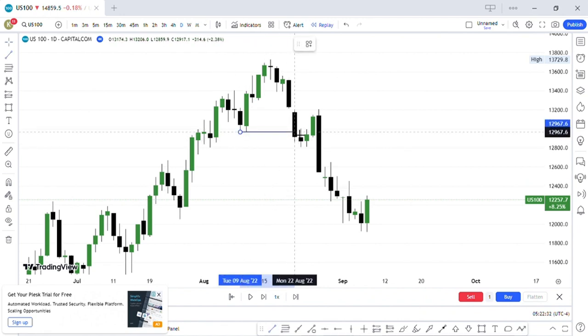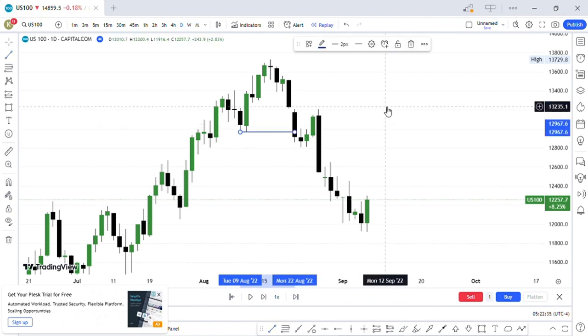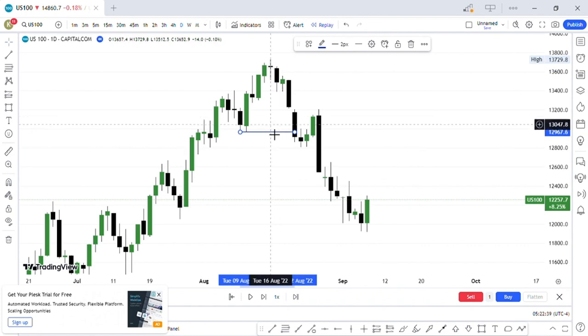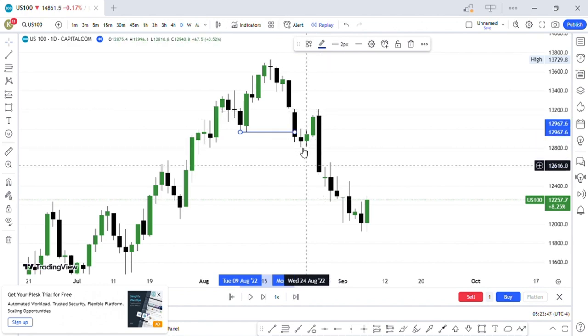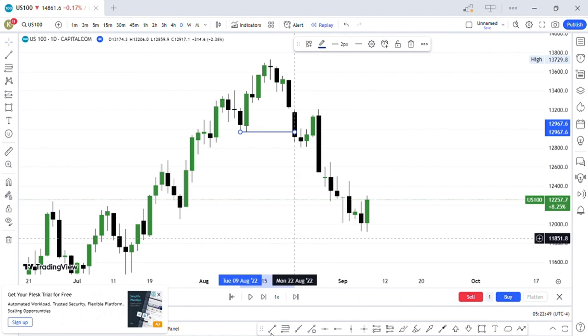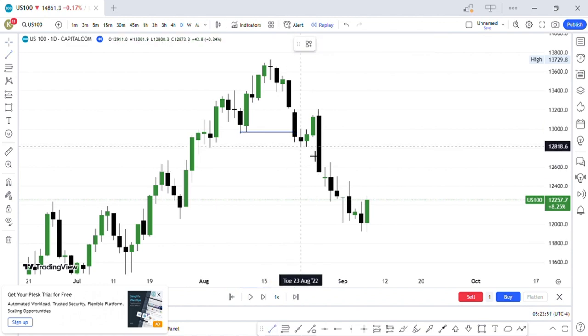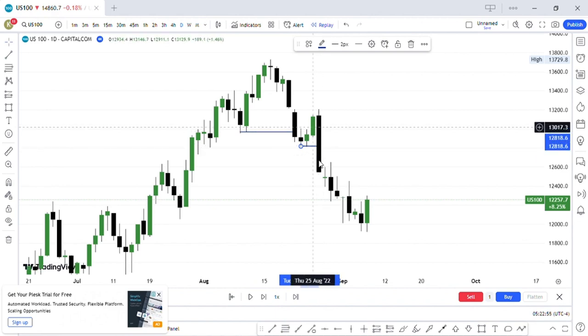This market structure shift tells us that the market is bearish, and after this break of structure, the market came and filled this volume imbalance before going down. So it created a low and it broke this low again. So this tells us that we are in a downtrend. So we're looking to sell, so we're looking for a premium market so that we can sell.